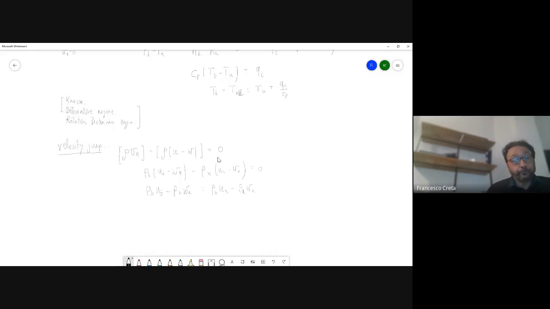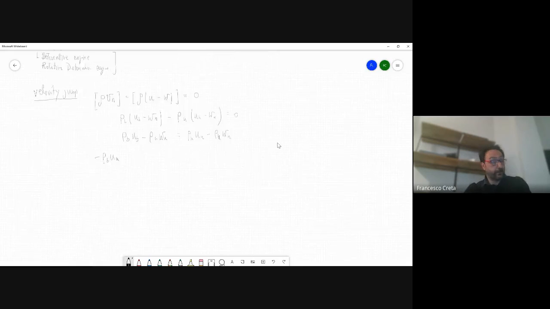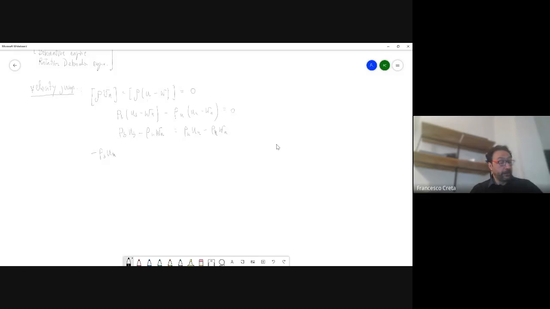Now, you can subtract, for example, rho B UU and do some very elementary steps here and there.